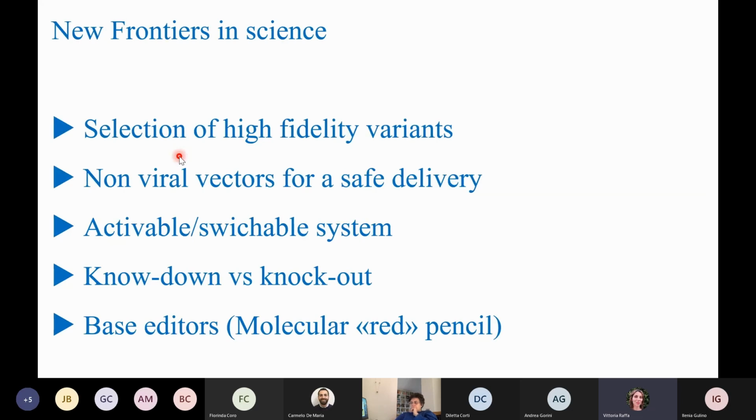Of course, science never stops. We are trying to move forward to find new solutions to solve this issue. Here you have a short list of the different research lines. There are people selecting high fidelity variants, people designing non-viral vectors, switchable systems to perform knockdown rather than knockout, and base editors. I want to discuss very shortly these options.